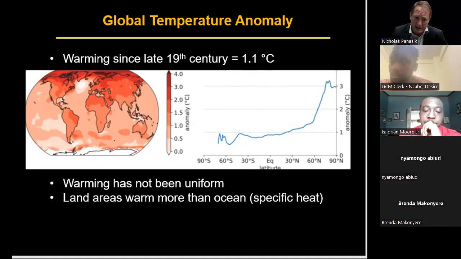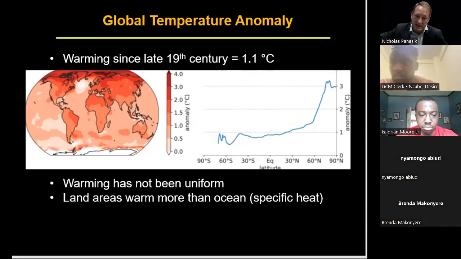And part of the reason why land areas warm more than ocean is that the ocean is made of water, and water has a high specific heat. In other words, it takes a lot of energy, a lot of heat put into an amount of water to raise it 1 degree Celsius, more so than other solids, than on land and such.